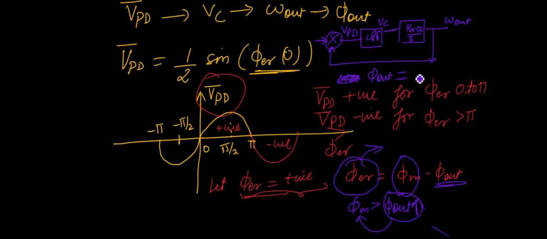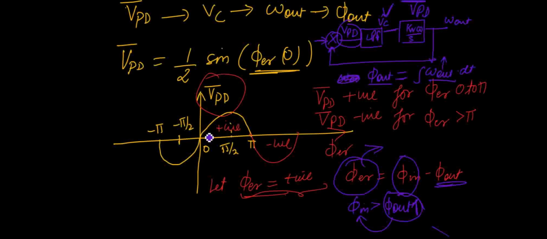We know that phi out is the integration of omega out dt. So for increasing this, you have to increase omega out. And how can you increase omega out? For this, you have to increase VC. That means you have to increase VPD bar. I hope it is clear.